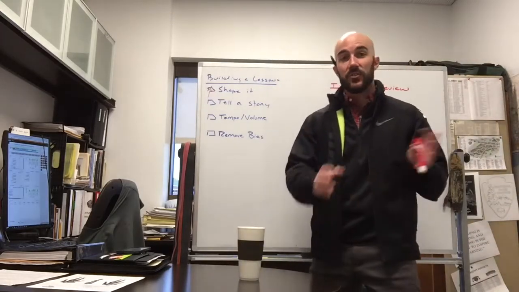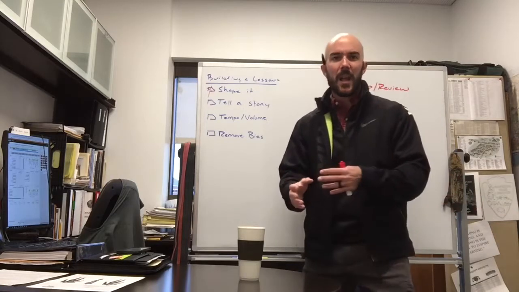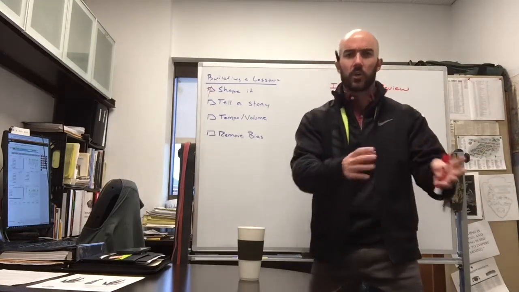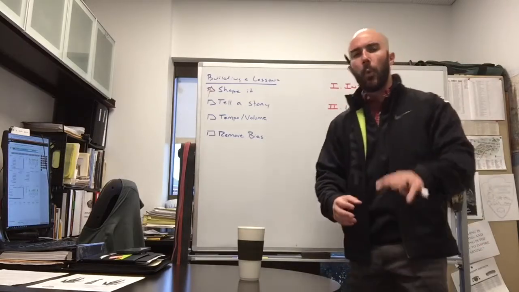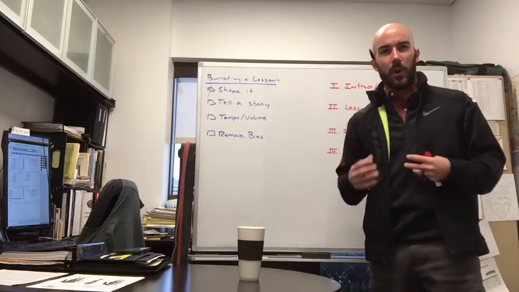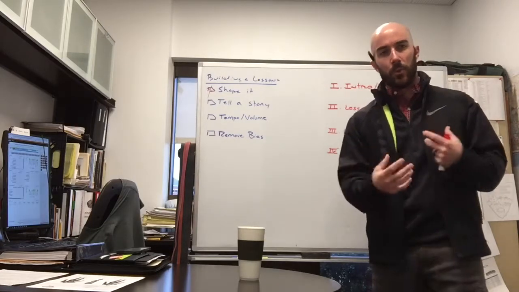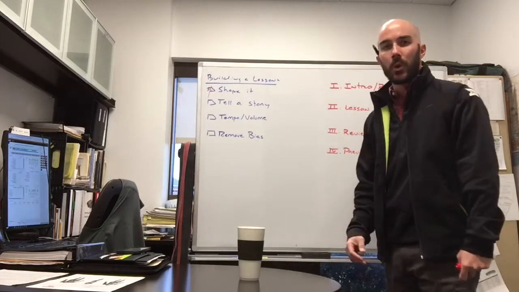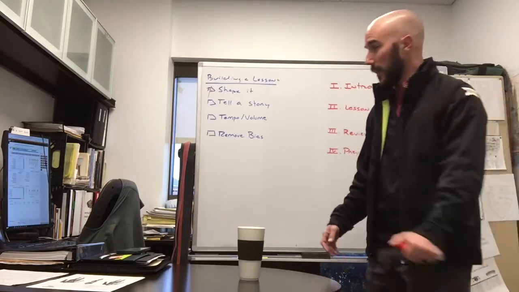Instead of just saying it's dark or light, maybe I speak in vivid colors: a really dark green, warm shades of gold. Really paint a picture so your audience feels the words and everything you're talking about. So paint a story within that lesson body.